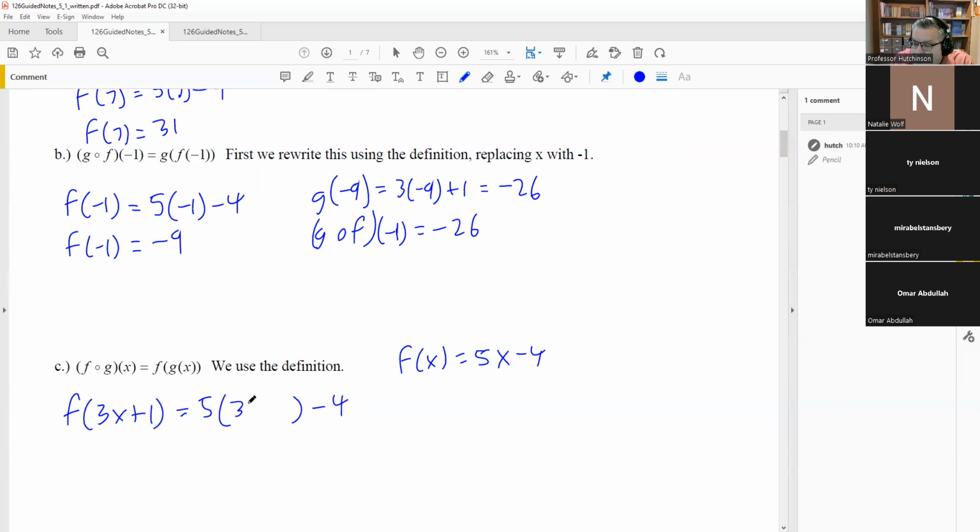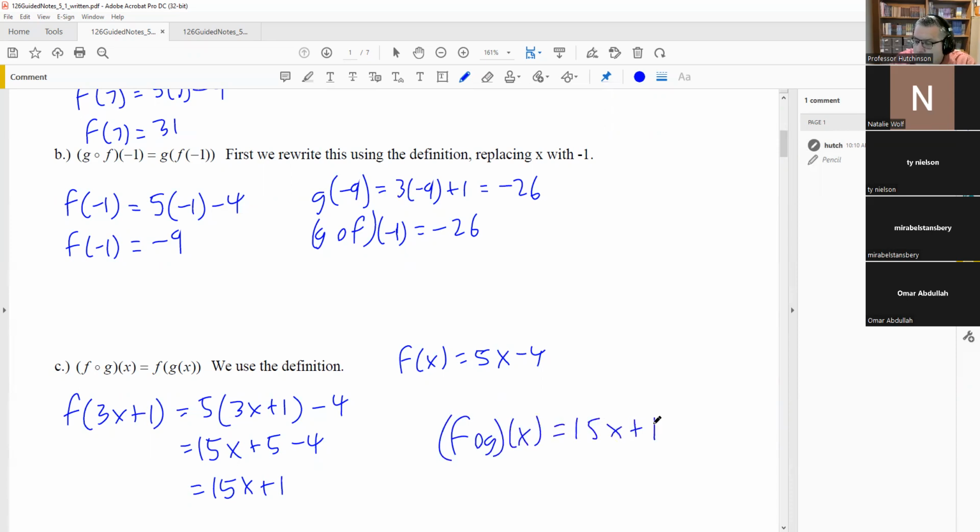We're going to replace it with 3x plus 1. Now we're just going to simplify all this. We're going to get 15x plus 5 minus 4, and then we get 15x plus 1. Okay, so that means that f of g of x is equal to 15x plus 1.